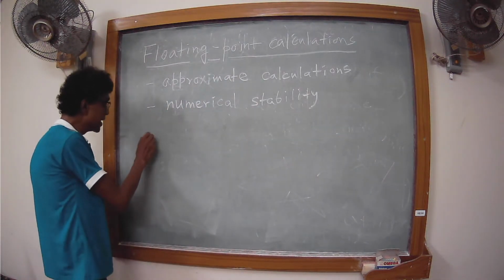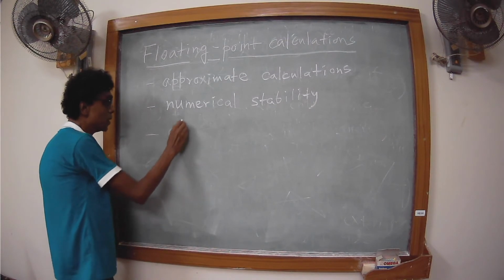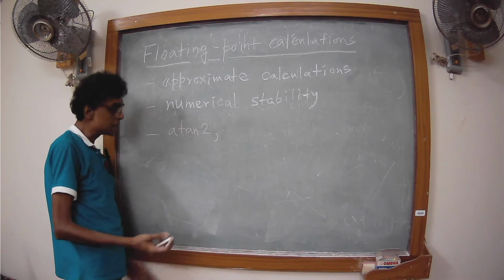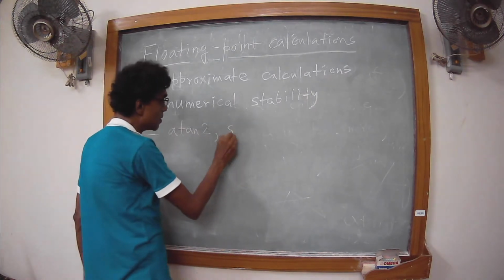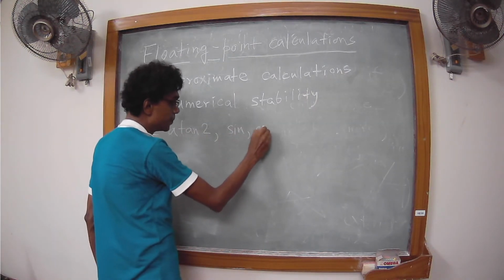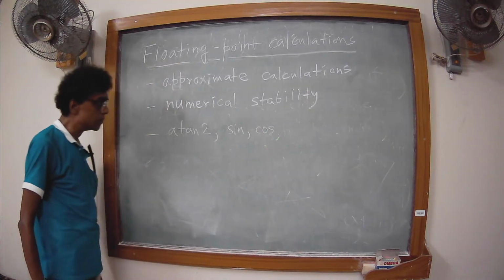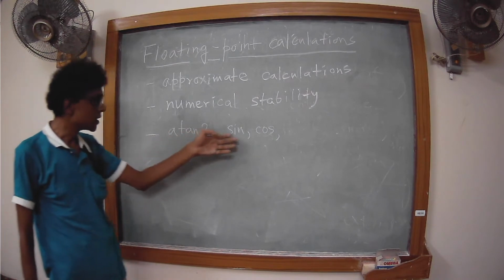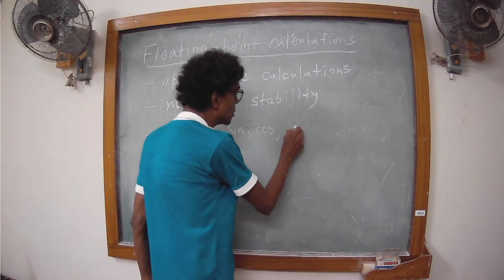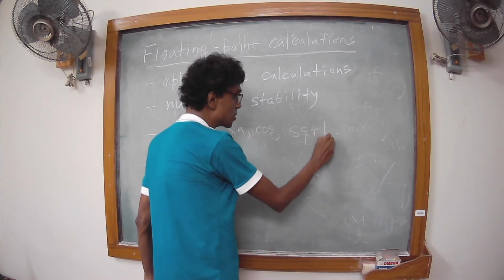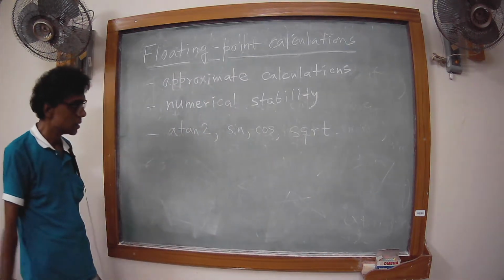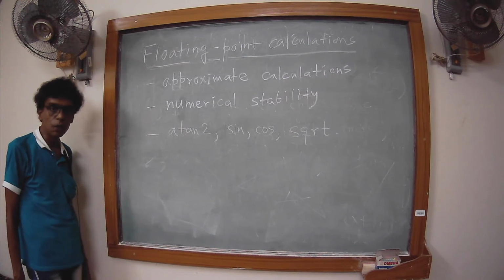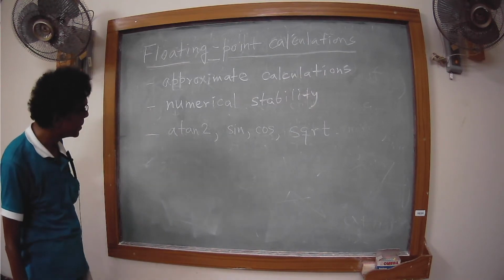And second thing is that we are already familiar with applications of these things in computational geometry, like arctan, tan inverse, sine, cos. We will also have to use square root if you want to compute distances, Euclidean distances between points.